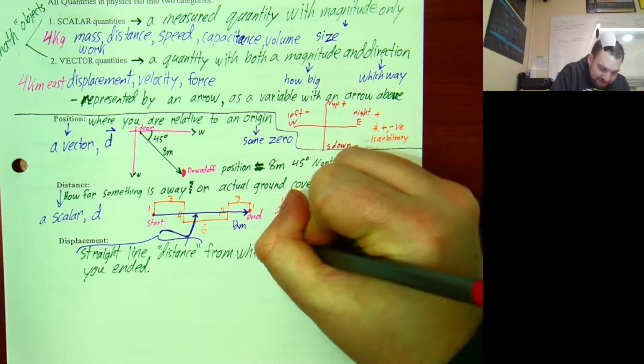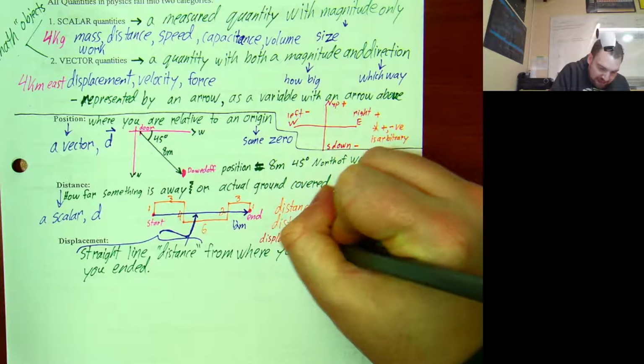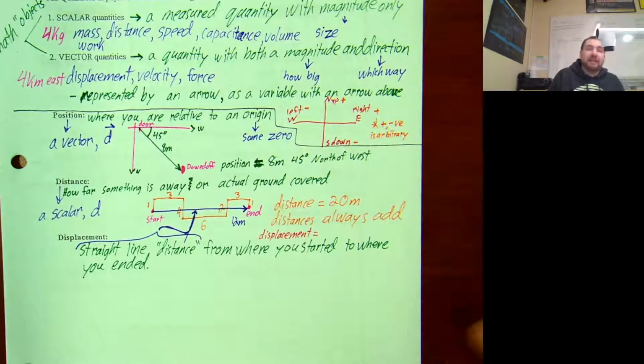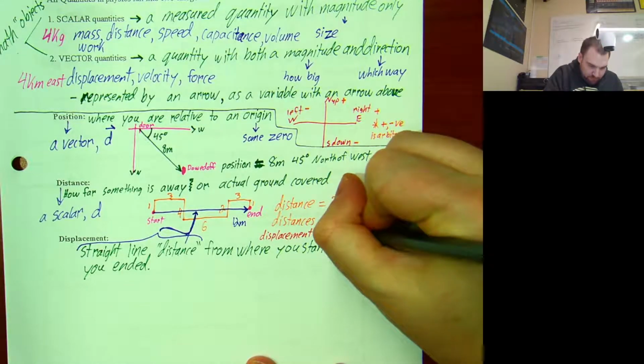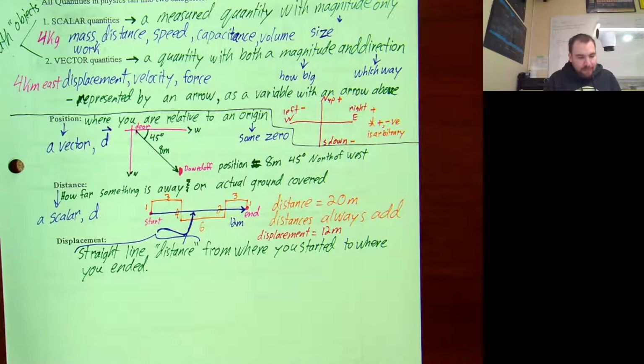The displacement in this previous example, Luis, we ended the class with you telling us that the displacement there was 12 meters. Yeah. So you may have walked 20 meters, but you have only been displaced 12 meters. Because when we talk about your displacement, we don't care about the path you took. All we care about is where you started and where you ended.